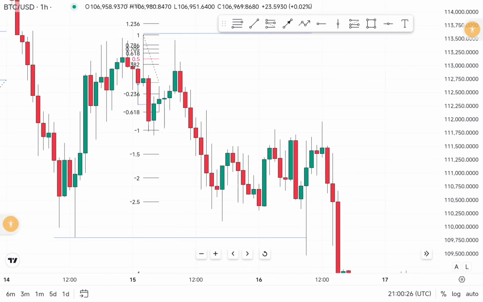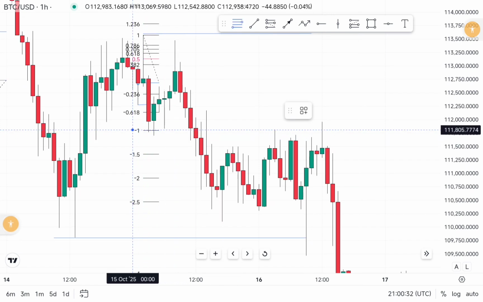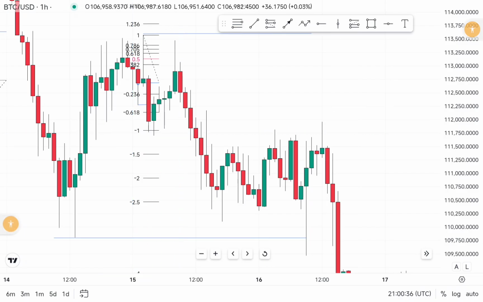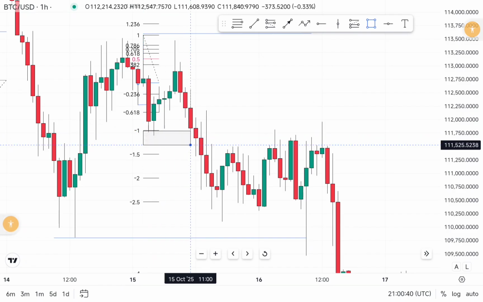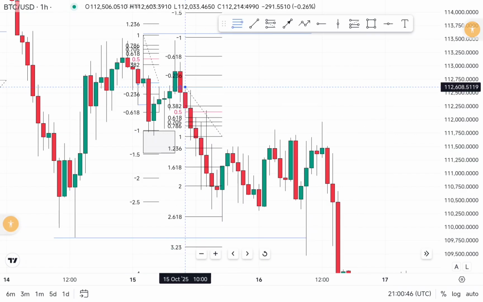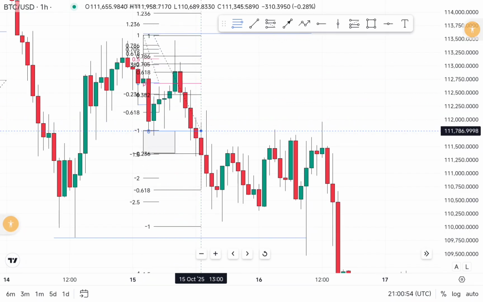You can see price actually got to that region. That is the 0.018 and 0.708 region. So you can see the pullback from there.